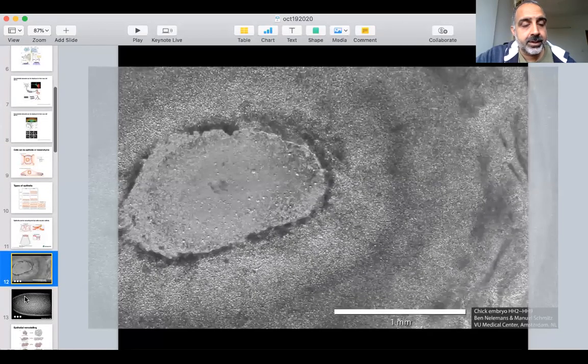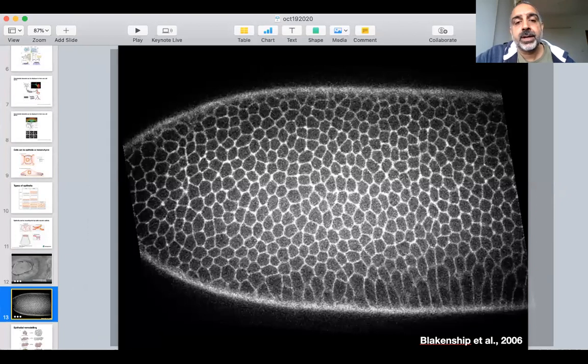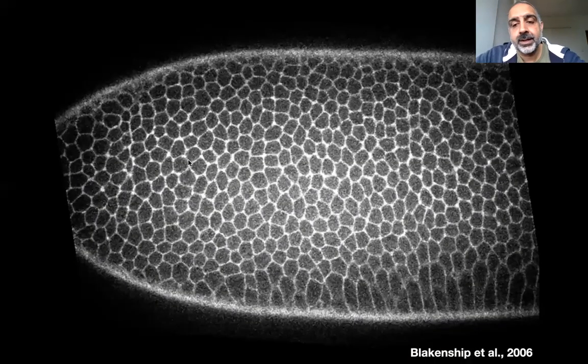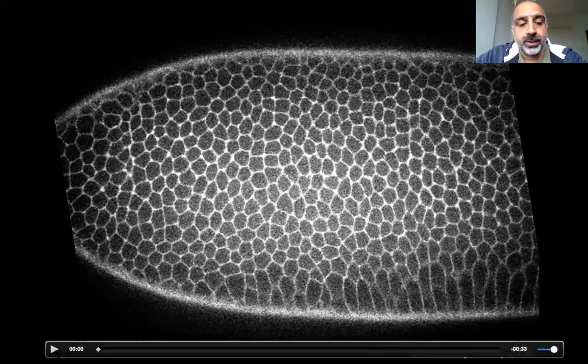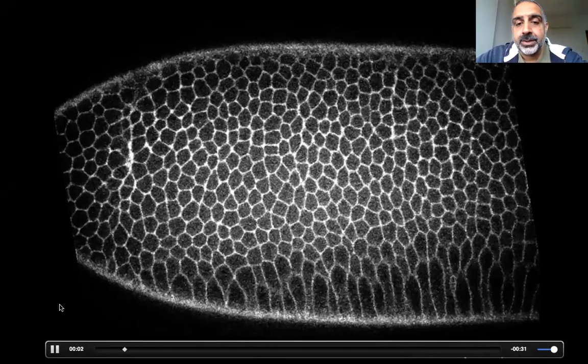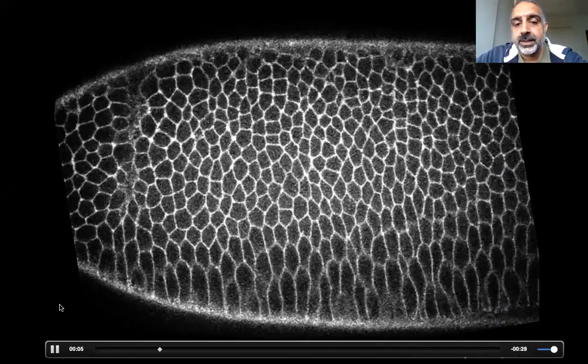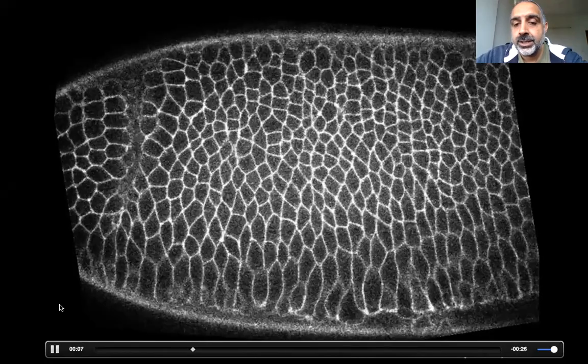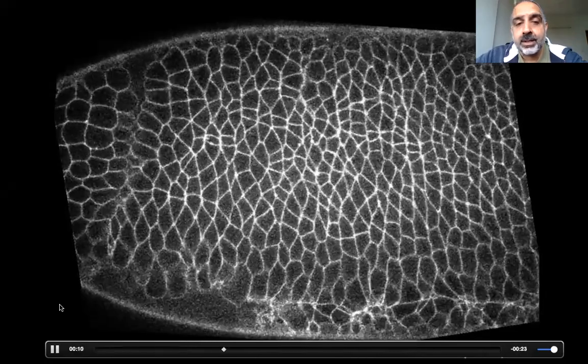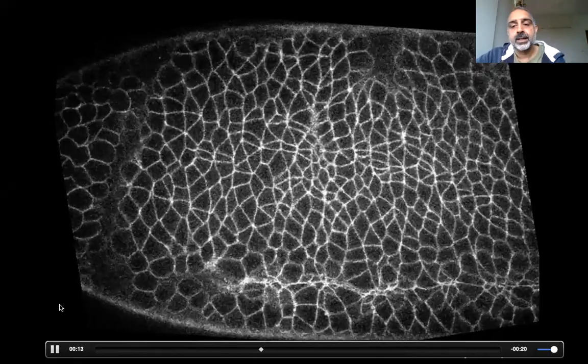I'll give you a clue, which is when we look at the formation of the Drosophila larvae. What you're looking at here are all the edges of the cells in the Drosophila larvae labeled up. And this is also marking actin in all the junctions of the cells. And when I run this movie, you'll start seeing that the cells are changing shape, and it's somehow causing an elongation event in the embryo.